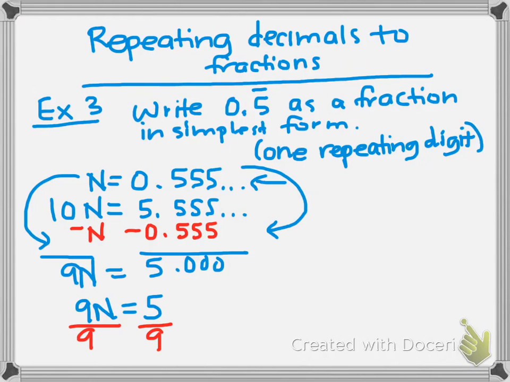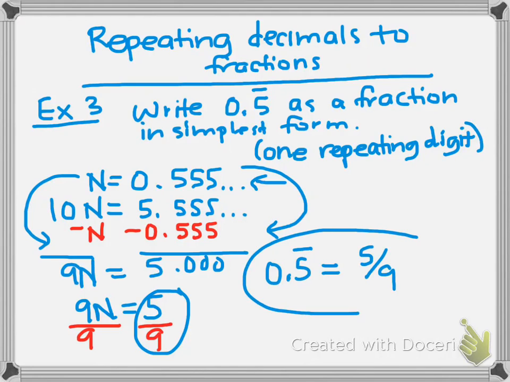And then you have the fraction 5/9. So 0.5 repeating is 5/9. Go ahead and check that on your calculator. 5 divided by 9 is 0.55555.